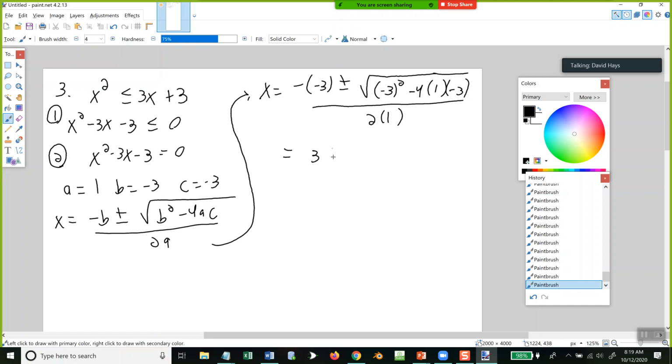Negative gives me a positive 3, plus or minus. Negative 3 squared is 9. Negative 4 times 1 is negative 4 times the negative 3 gives me a positive 12 over 2 times 1, which is 2.